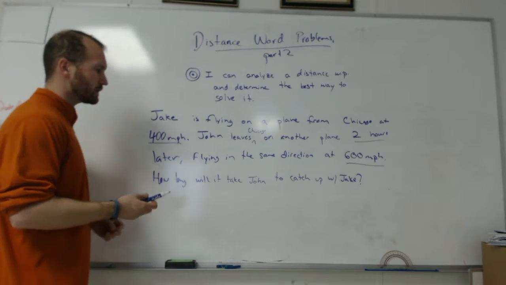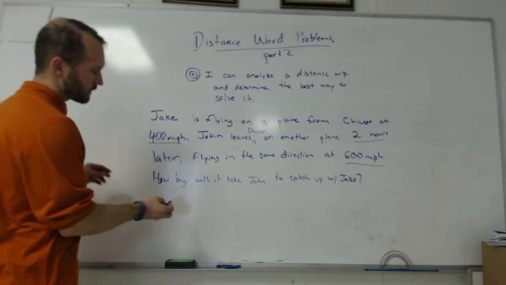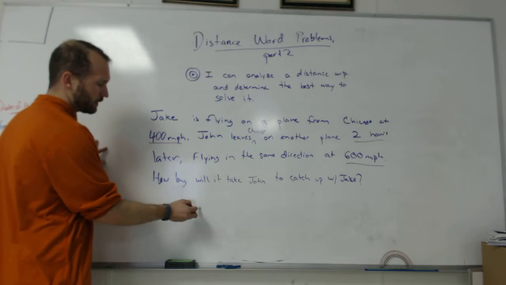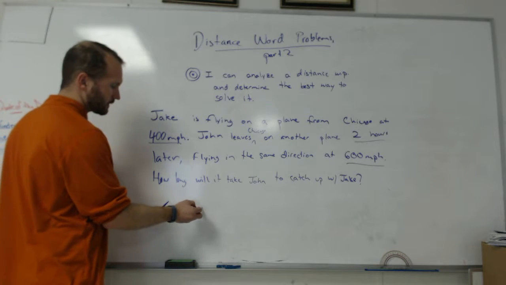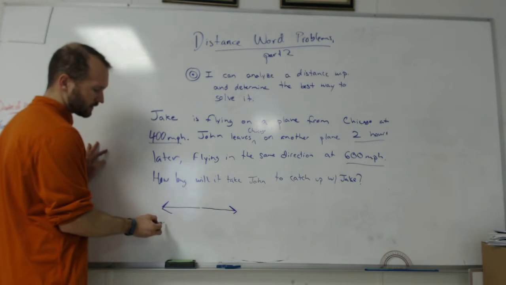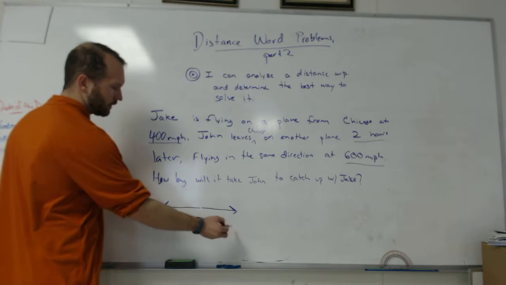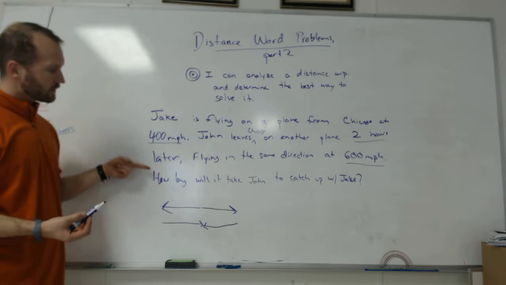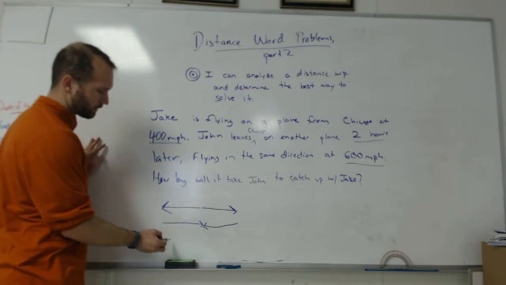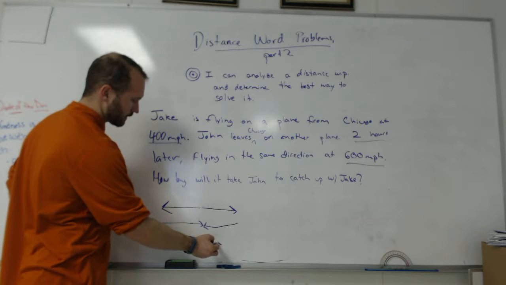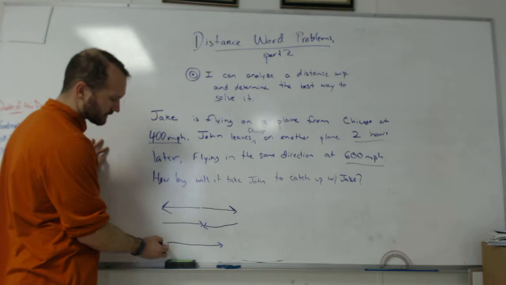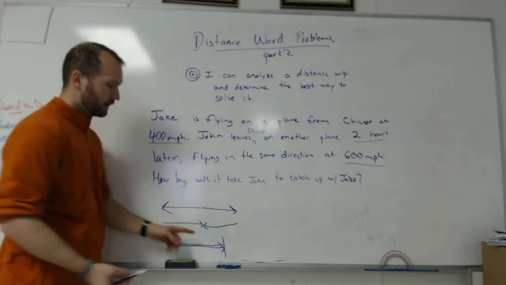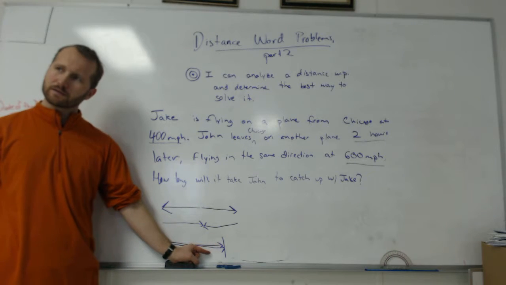If two things catch up, this is where this problem is different from the ones we looked at yesterday. Yesterday you looked at two people leaving from the same point, going in opposite directions, or two people leaving from opposite points and meeting in the middle. If I were to draw a diagram of what's happening in this problem, we have one person leaving, and then a second person leaving, and we want to know when have they traveled the same distance?